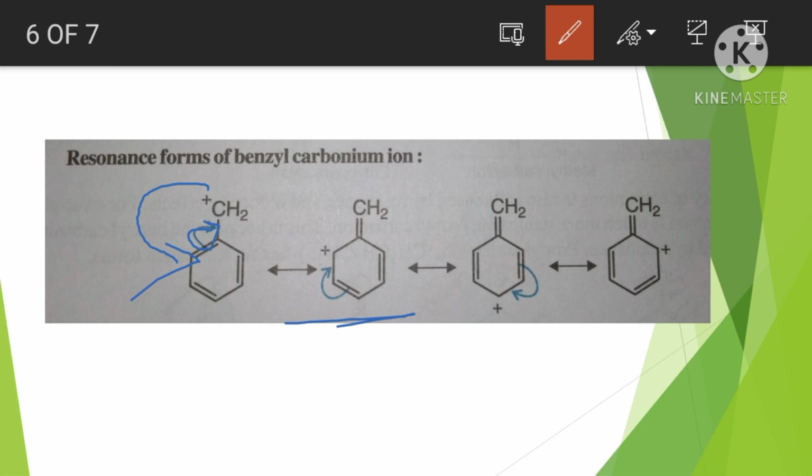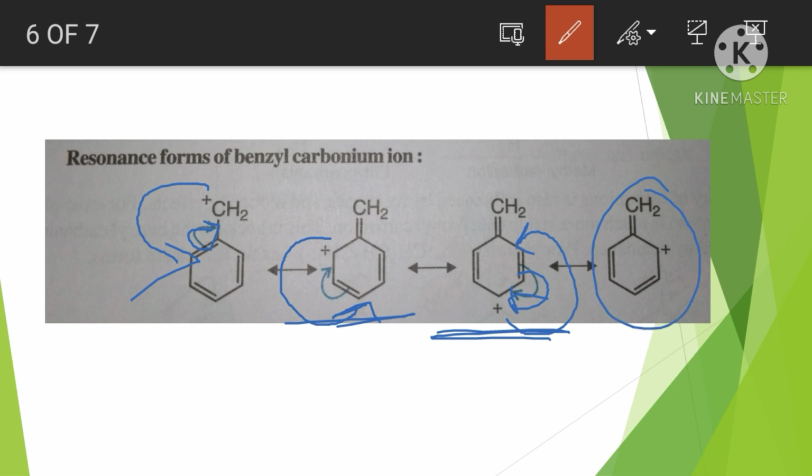Here what happens? Again the bond is shifted to the carbon atom which is present in the ortho position, and this charge is shifted to the carbon atom which is present in the para position, and this form will occur. Next, the same thing: the bond is shifted to this carbon atom, and the charge is shifted from the para position to the carbon atom in the ortho position, and finally we will get this structure.